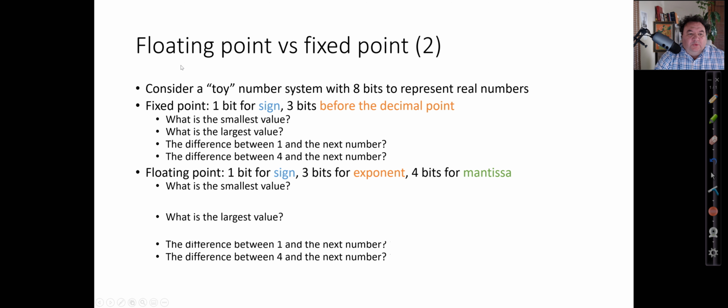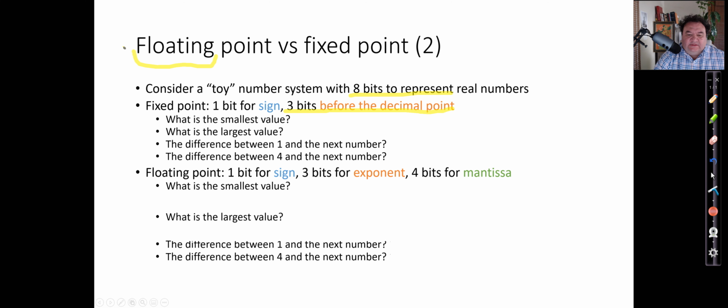So the word floating really derives from the fact that the period moves based on the exponent. So if we think about a fixed point, and let's say we have an 8-bit representation, just to keep it simple for the examples, we could say that there is a decimal point separating 3 bits before the decimal and 5 bits after the decimal.